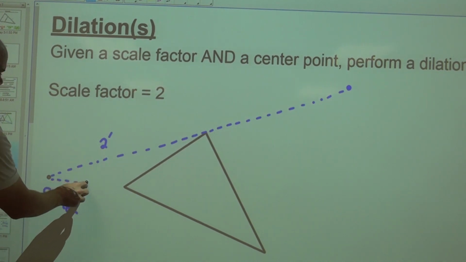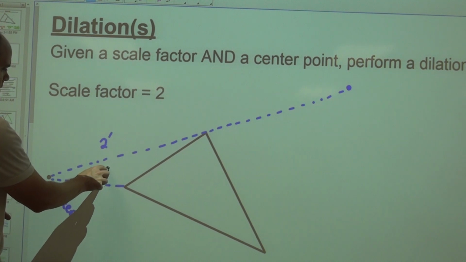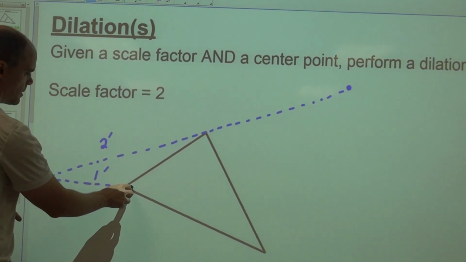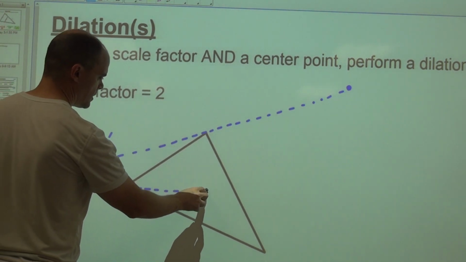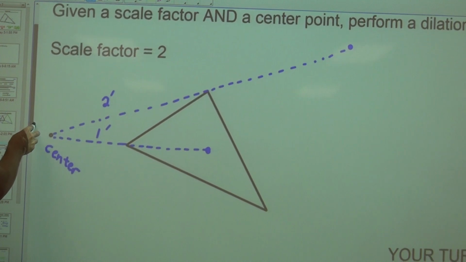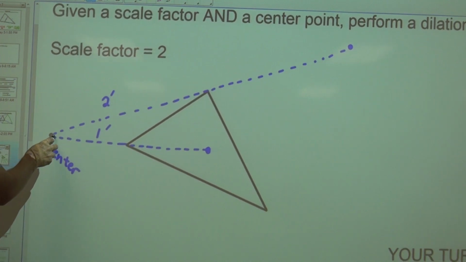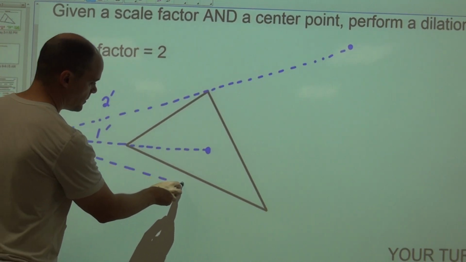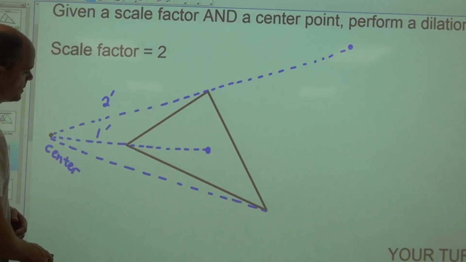So I'd do this again, and that distance, maybe that's a foot. So I would double that distance, and maybe I'm here. Again, I'm just estimating. And then this one, I'm going to need more room on my board, aren't I? So this guideline would travel all the way to that point.